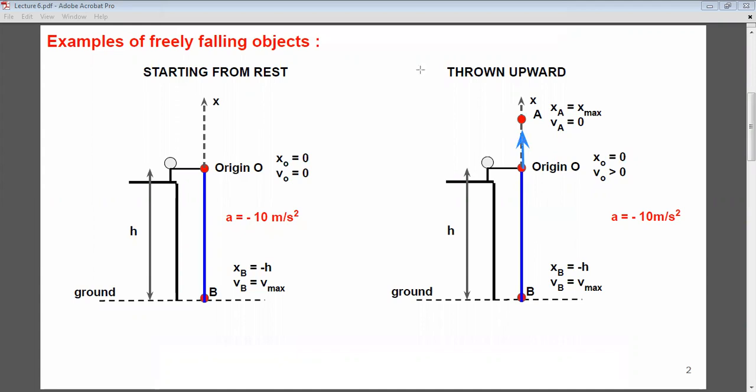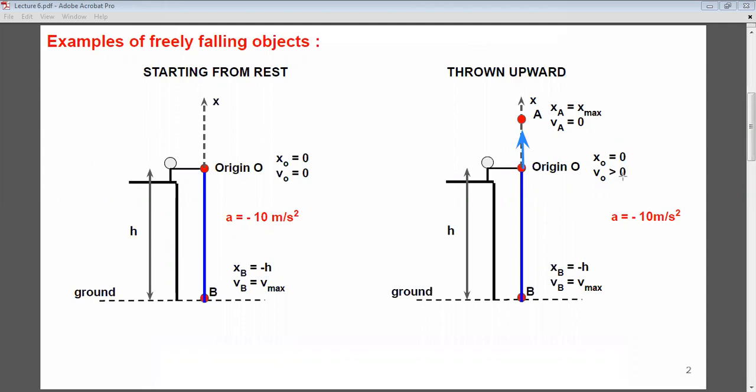If it stops, it implies V at A equals 0. And this position A is the maximum position it can reach. So x at A is equal to x maximum.